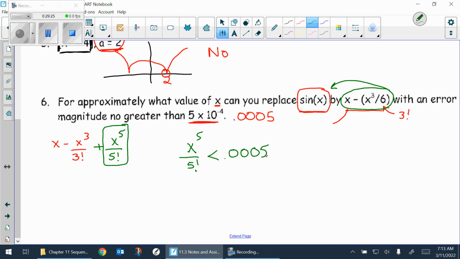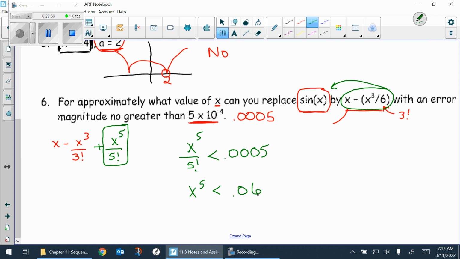Well, if I multiply each side by 5 factorial, I think 5 factorial is 120. So I got to take this 0.0005 and multiply it by 120. That means x to the 5th has got to be less than 0.06.